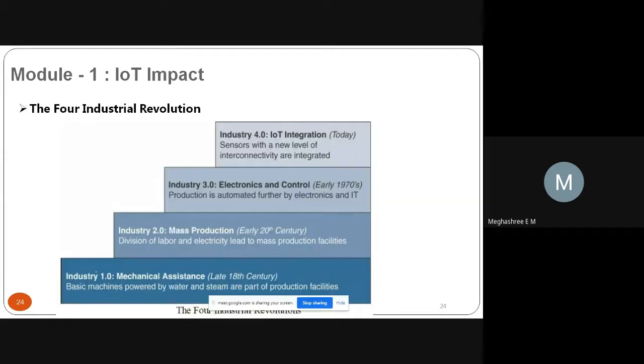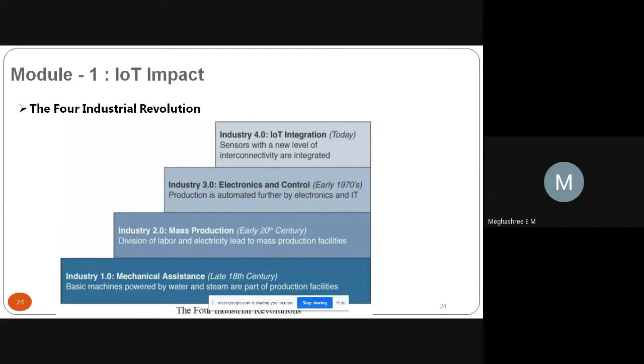Okay, and the last part under this, in a connected industry, I can say the four industrial revolutions. That is listed here.